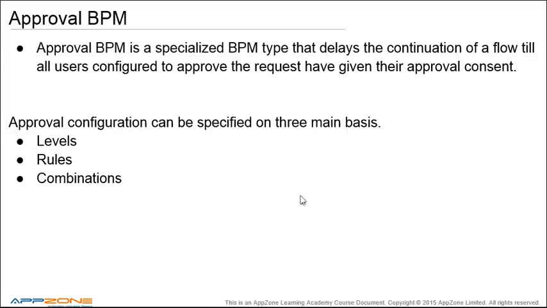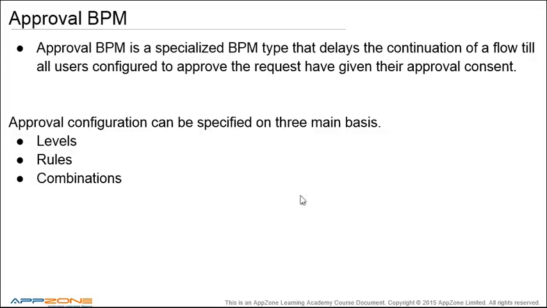Rules work in an ordered fashion. You have a set of rules and another set of rules, and once a set of rules has completely approved a particular request, the request goes to the next step without waiting for the other set of users to approve.